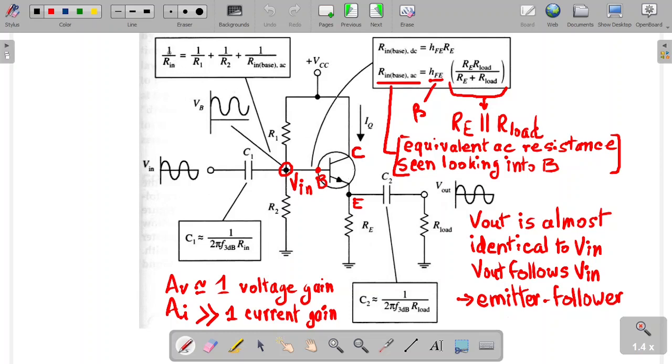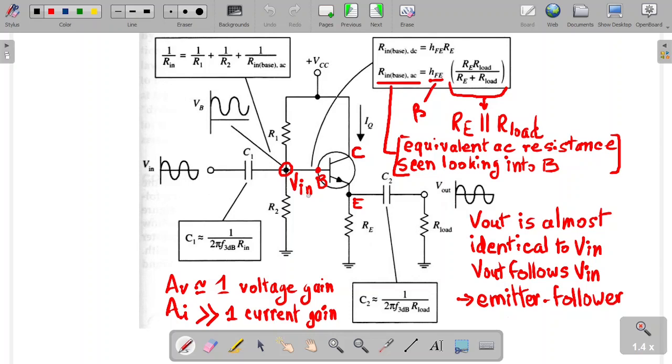So that gives you the equivalent AC resistance Rin, this formula here. This is the equivalent AC resistance seen when looking at the amplifier into the base of the transistor.